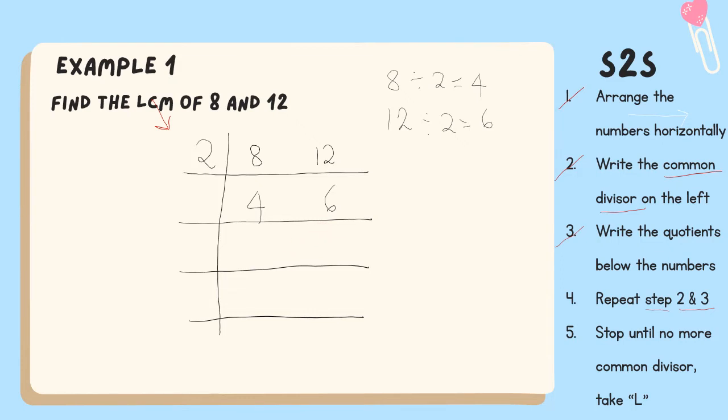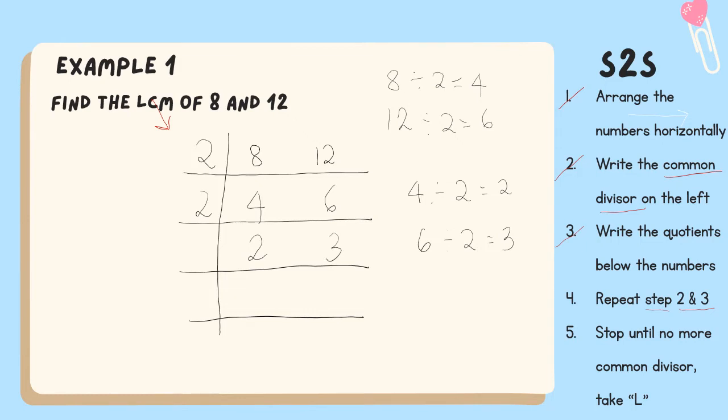You can divide them by 2. 4 divided by 2 is 2. So what is 4 divided by 2? It's 2. You can write the quotient below the numbers. Now we're doing step 3. Next, 6 divided by 2 is 3. There we go.